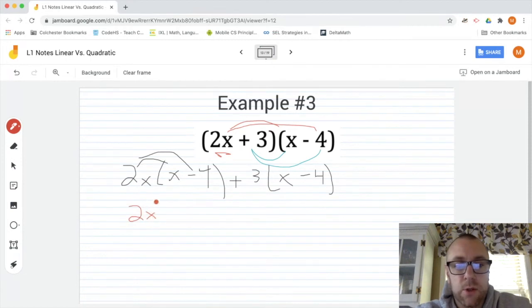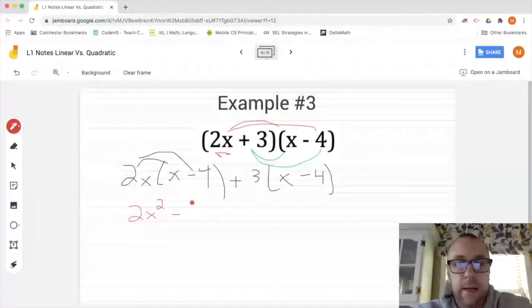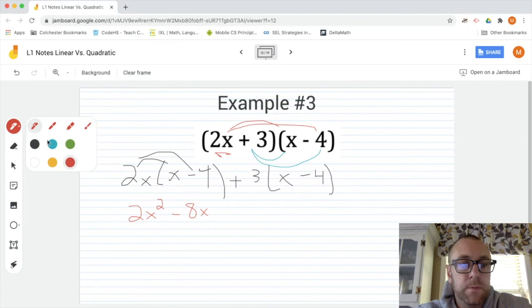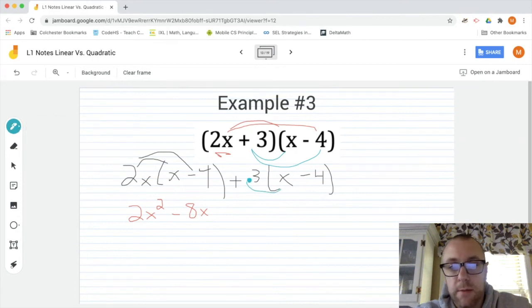So this becomes 2x squared minus 8x, because I'm multiplying both of those. And now I distribute this 3 in, and I get plus 3x minus 12.